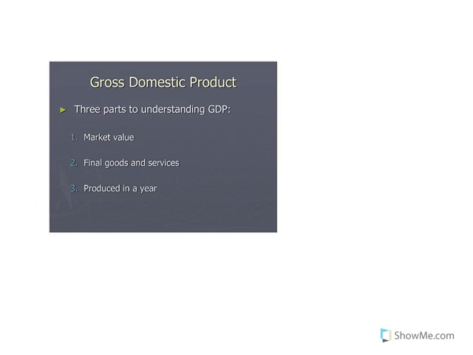Now, what I want to do is break up the definition of gross domestic product into its main components. In other words, we want to define what we mean when we say the market value of a good or service. Secondly, what are we referring to when we say the final goods and services? And then lastly, we want to understand why we are defining it within a specified period of time.